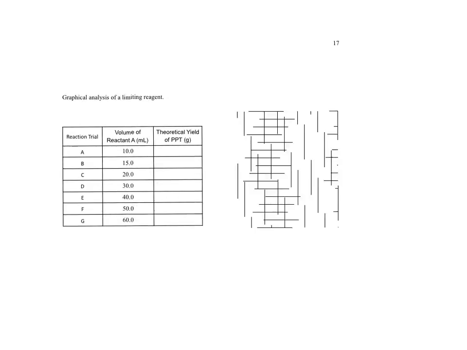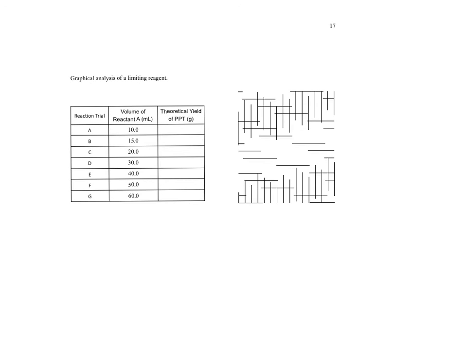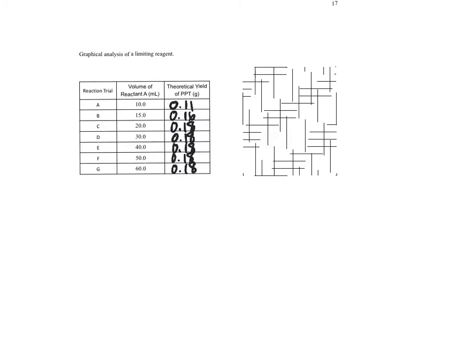All right, on the back, we got some information here. And so we have 0.11, 0.16, 0.18, and then 0.18, 0.18, 0.18, and 0.18 for our reaction.